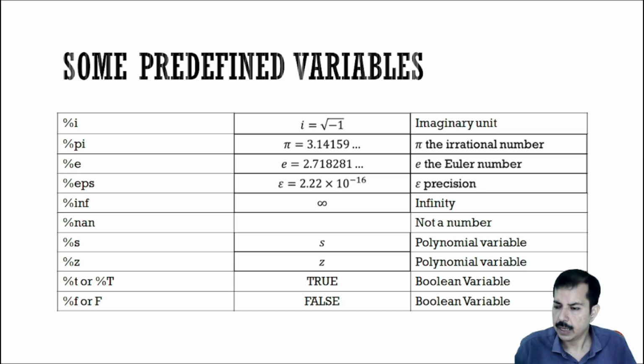Now how can I define a variable? The percentage s and percentage z are predefined variables by default. You can define a variable as per your requirement, like x. First I will use this predefined variable percentage s.